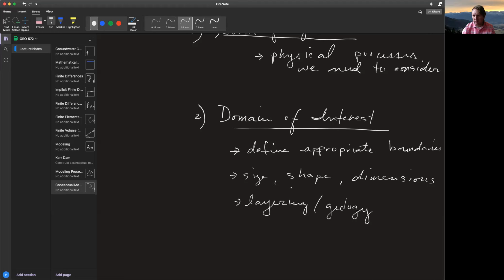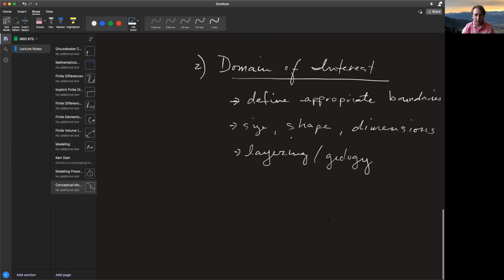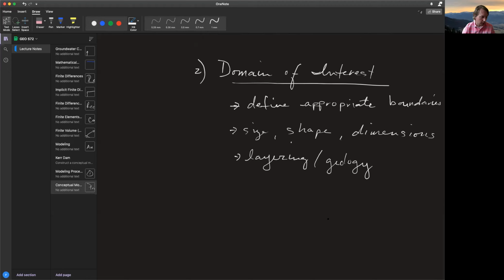What kind of model do I need? Layering. So thinking about what our domain of interest is, where our boundaries might be, this is the conceptual model. What dimensions, what shape.